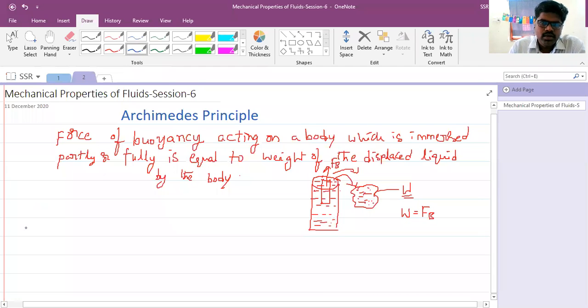Okay. Now we'll go for applications of Archimedes principle. There are 4 applications. We'll discuss one by one. One is the relative density of a solid body. We can use Archimedes principle to find the relative density.